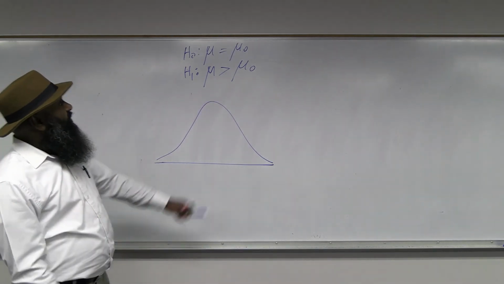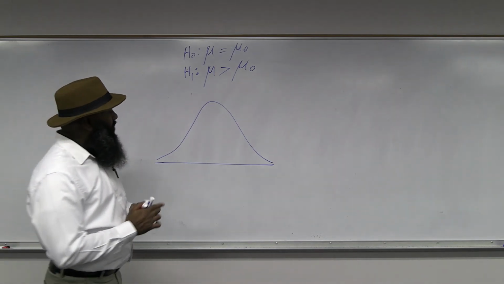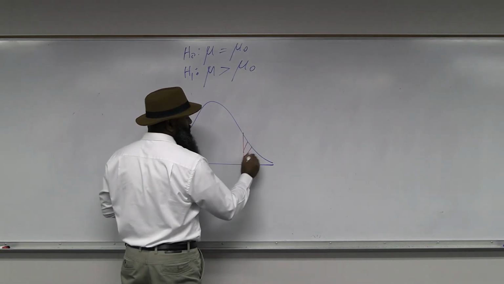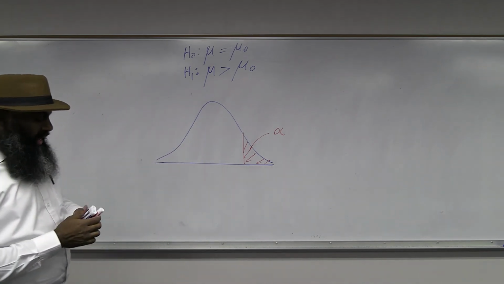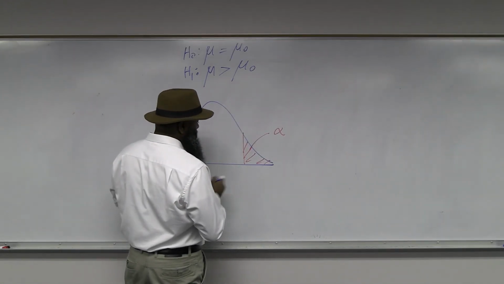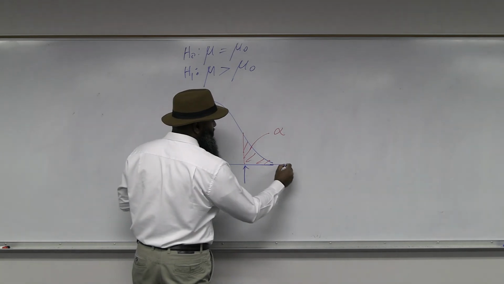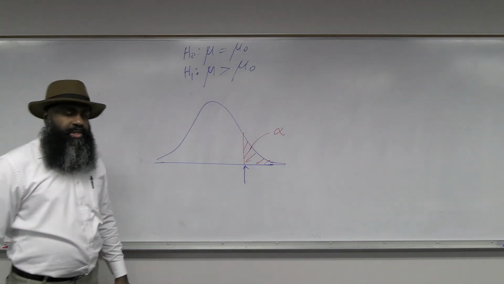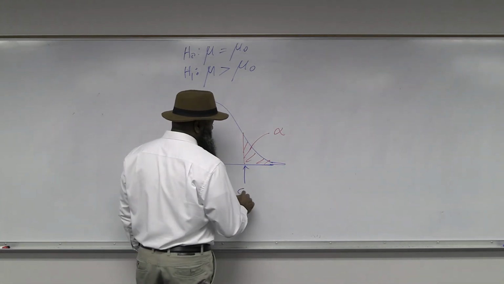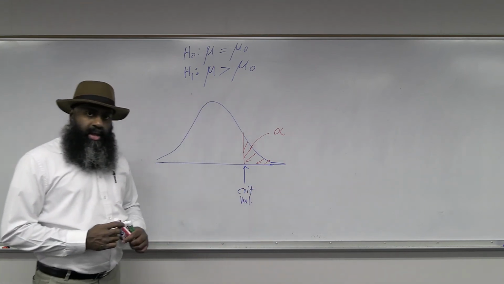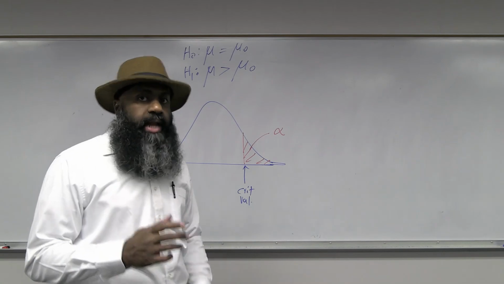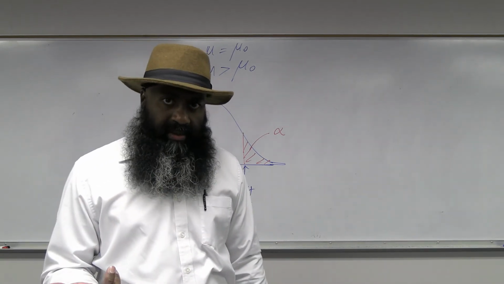Because this is a right-sided test, I must keep the complete alpha on the right tail. And this value right here is the critical value. We should read this critical value first, and then we calculate the test statistic.